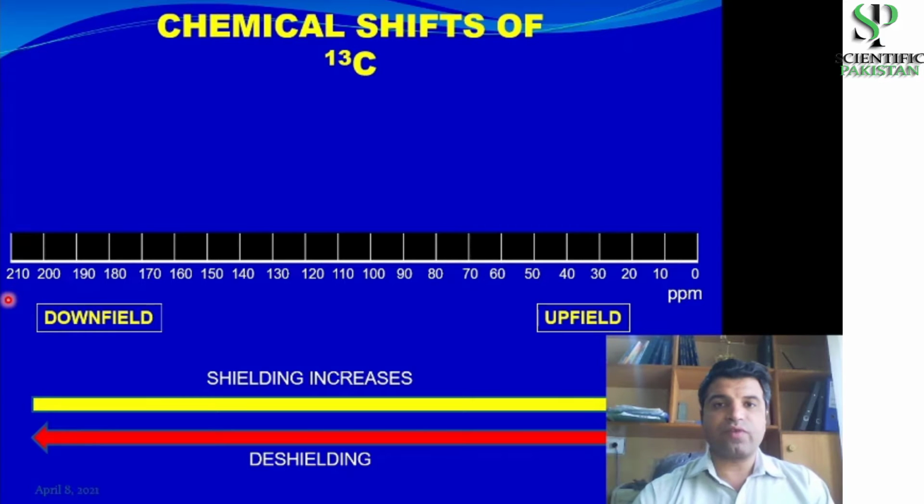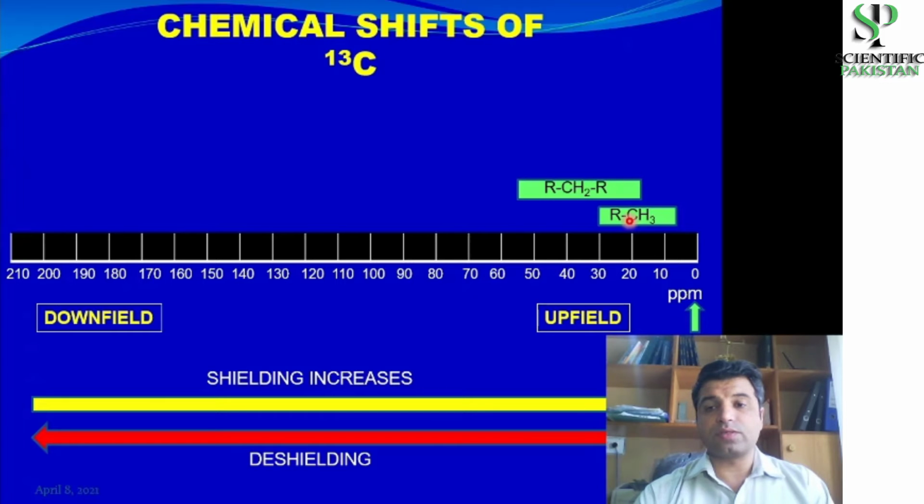Let's see where you can find these different types of carbon atoms. We start off with TMS, that is again arbitrarily set at 0. Then you will find the sp3 hybridized carbons around 10 to 30 ppm, and that is the methyl carbons. The CH2 carbons would appear slightly downfield from 15 to around 50 depending upon their chemical environment, and CH and quaternary carbons will also appear in almost the same region, extending up to 60 ppm.